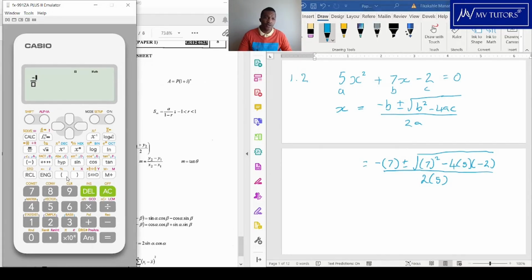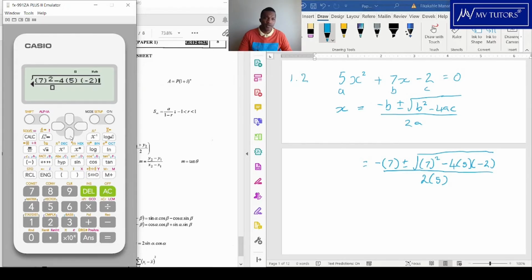So minus, open bracket, put it exactly as it is to make sure you don't make a mistake. Plus square root, open the bracket again, put that 7, close it, square the whole thing, minus 4, open the bracket, 5, close it, open it again, minus 2, right?